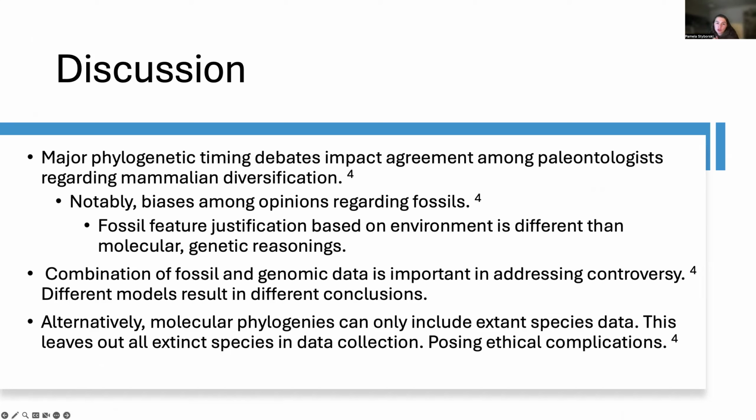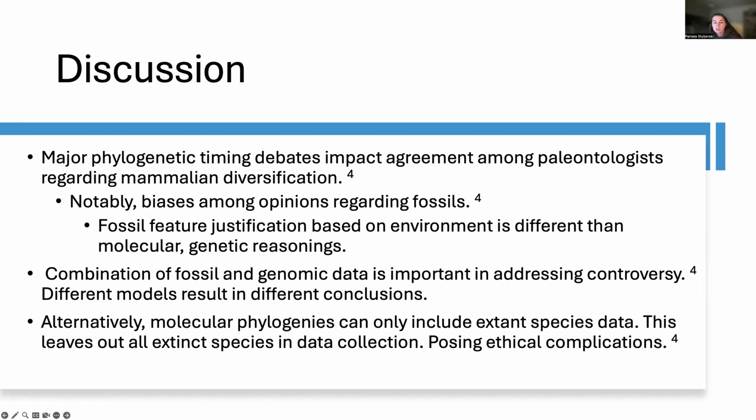Combination of fossil and genomic data is important in addressing controversy. Different models result in different conclusions. I showed the one phylogenetic tree where different trees, including different information, had different timelines for events and overlap of diversification.